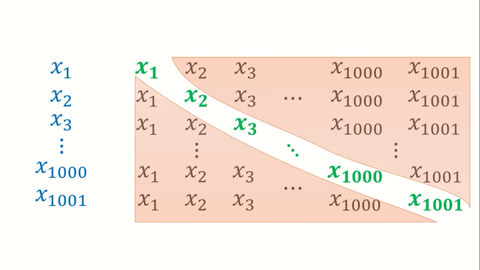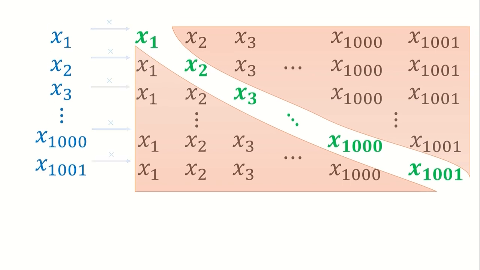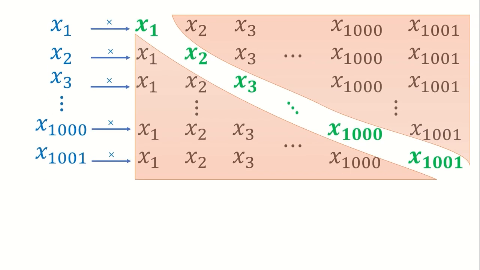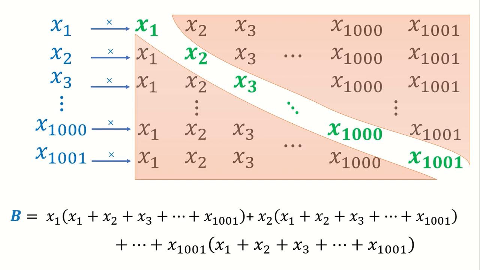But we have these expressions left: x1 times x1 and x2 times x2 and x3 times x3, etc., up to x1001 times x1001. So these are the additions that we have to account for. So let's multiply the column into the whole table. By doing this, we have these expressions.